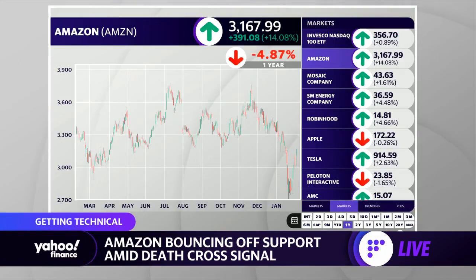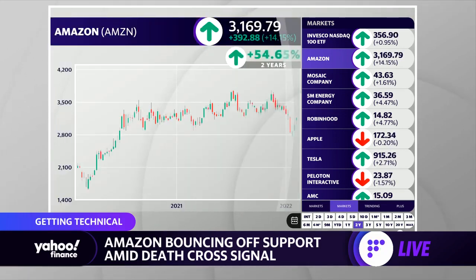It really is right around that key support area. That 2,900 level is very significant for Amazon. Let's see how well it reacts to this earnings report over the next couple of days and next week. It needs to hold here. Now, here's the problem with Amazon, and it's been a problem for over the last year: it's been lagging the market this whole time.